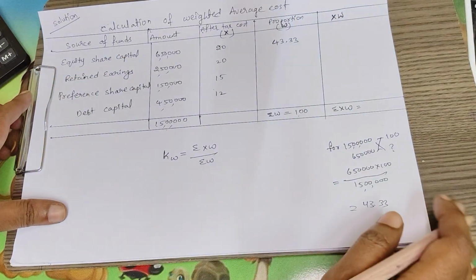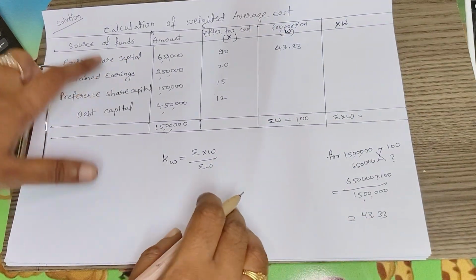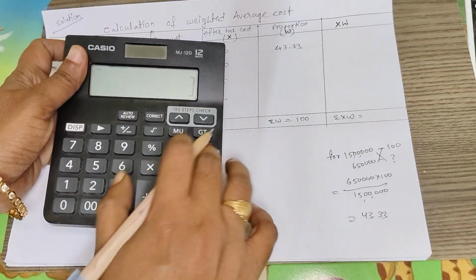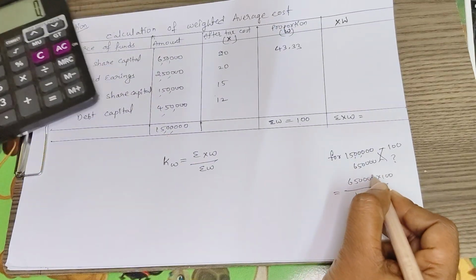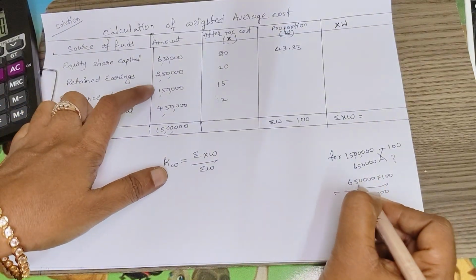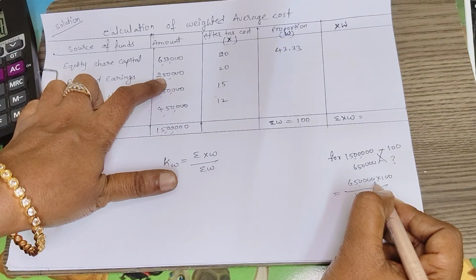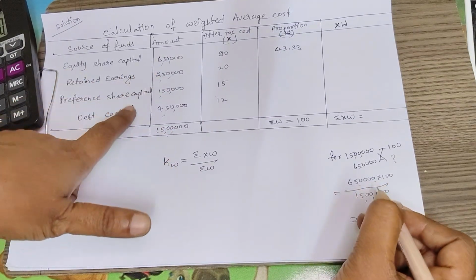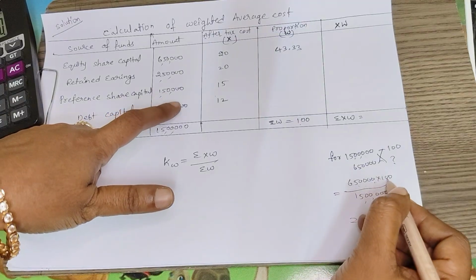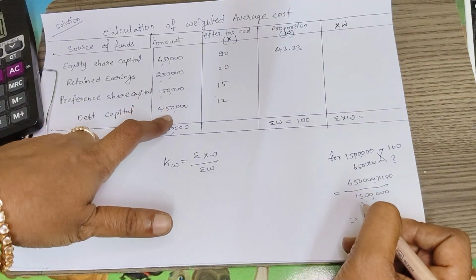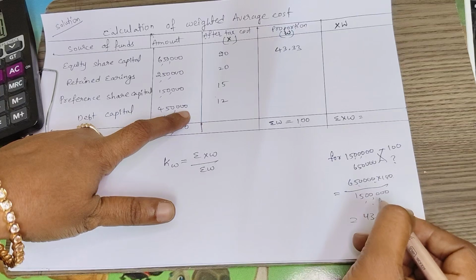Likewise, you need to find out for every source of fund. Just replace the source of fund. Instead of 6,50,000, apply 2,50,000 for the retained earnings weight. Likewise, for preference share capital, 1,50,000 into 100 divided by 15 lakhs. Next, 4,50,000 into 100 divided by 15 lakhs.